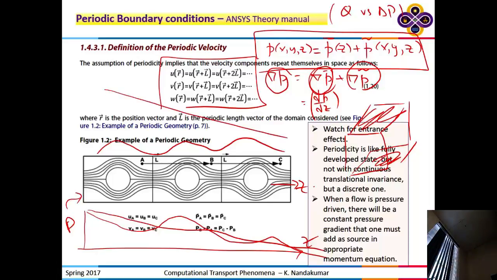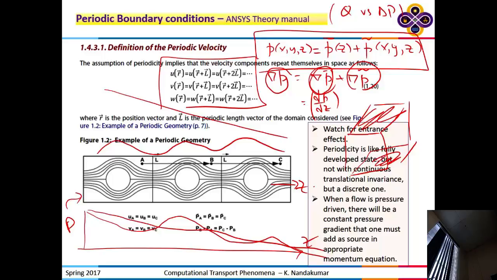Geometrically, if you take this function and add that function, you get this function, decreasing this. Okay? So this is what the reality is, and we are saying we are going to treat it as the sum of these two. And one is the unknown that I'm going to specify as periodicity. So it is this P tilde is the same on these 2 planes, but there is a P bar that corresponds to this gradient that I specify as an input into my simulation.